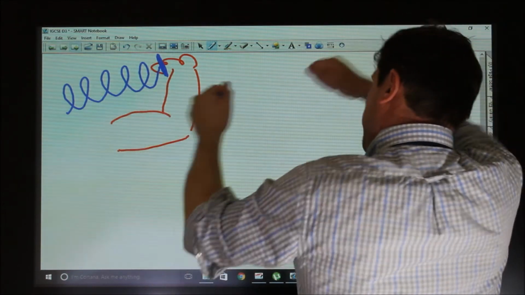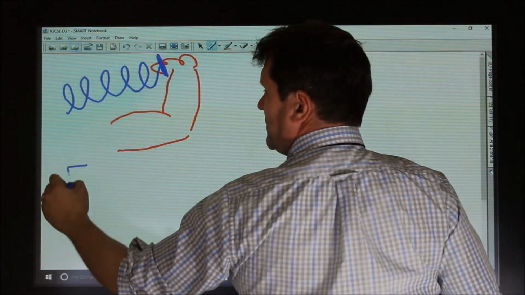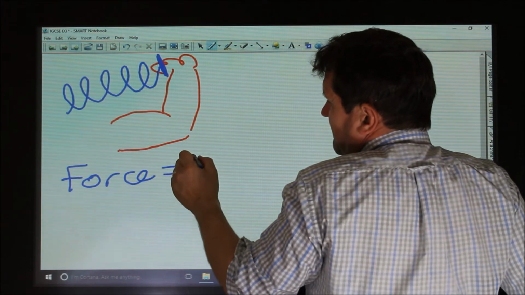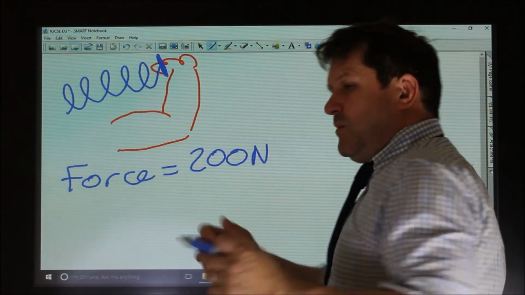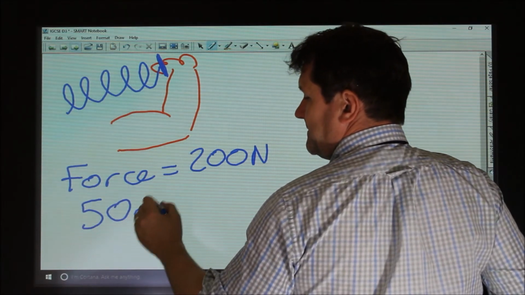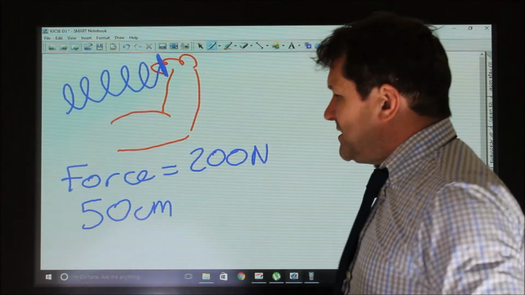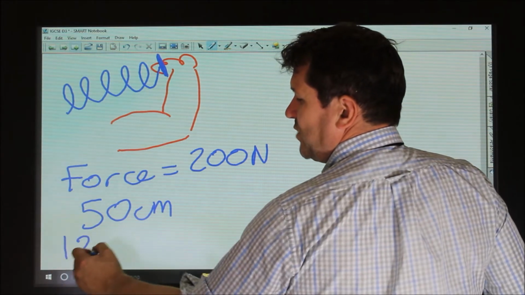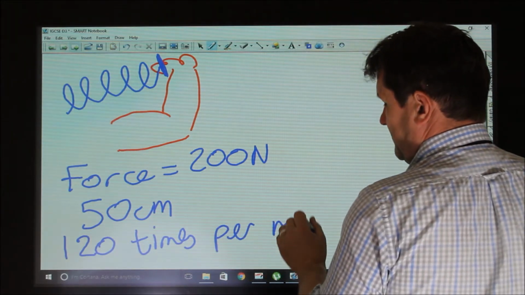When they pull it with a force, the average force we could say is maybe 200 newtons, and they pull it 50 centimeters, but they're really, really fast, and we could say they do this 120 times per minute.